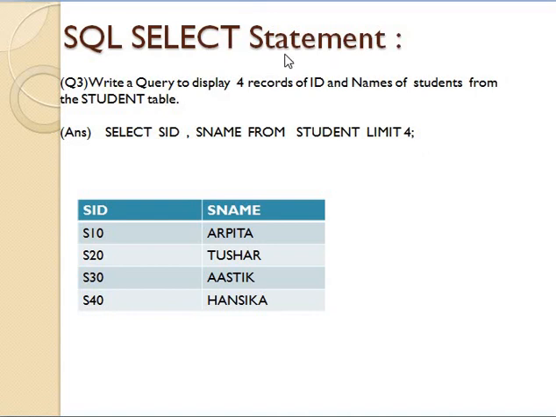This is because the question is asking you to display only 4 records corresponding to the columns ID and name of the table student, and that's why I set the limit to 4. And on doing that, you can see the table getting displayed exactly like this in the output, and the last row corresponding to the student Anumita is no longer displayed.